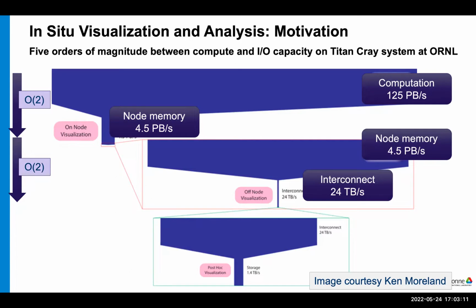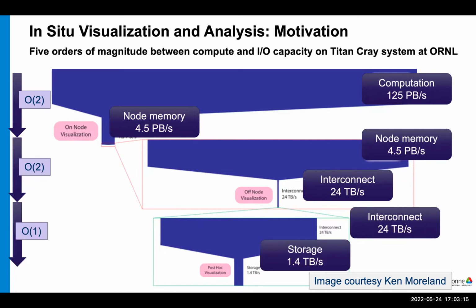And then from the interconnect to the storage, so saving into the disk, you have one more order of magnitude reduction. So in total, 5 orders of magnitude. So what that means is that running the simulation is a lot faster than writing or reading to the disk.